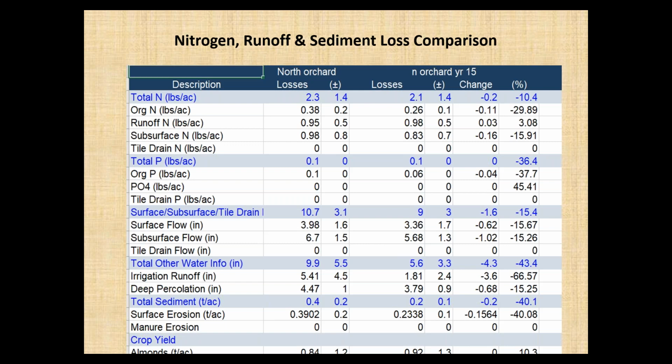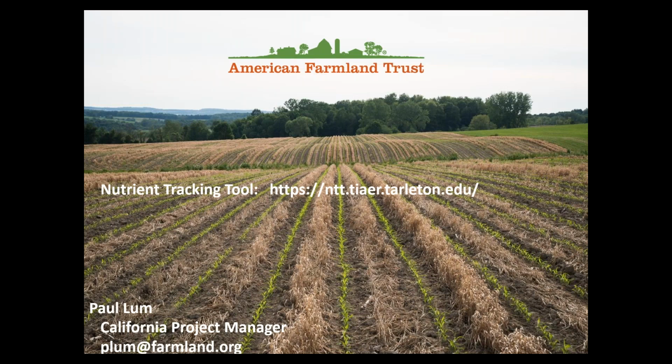So we encourage you again, play with the scenarios and inputs. You'll find that the results will vary between farms and locations, and depending on soil type and operation inputs.